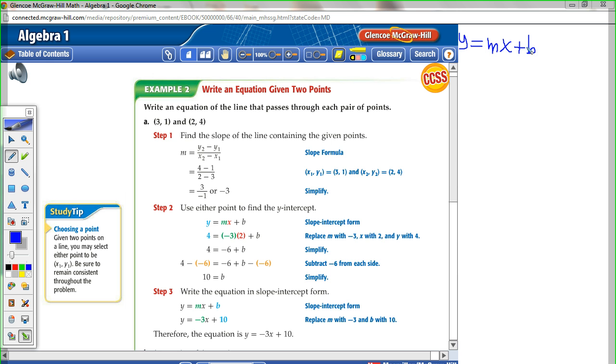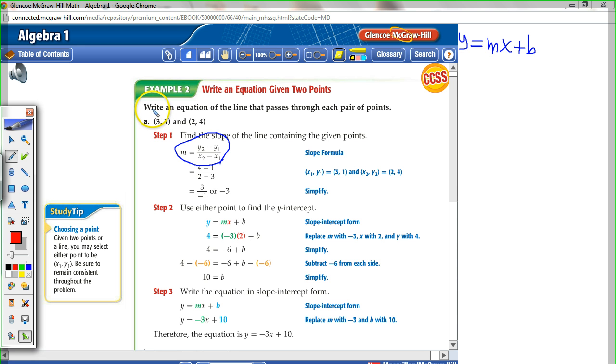Now, I don't know what my slope is, but here we learned this slope formula in a previous chapter: y2 minus y1 over x2 minus x1. It doesn't matter which one you set as x1, y1. So let's just do that.